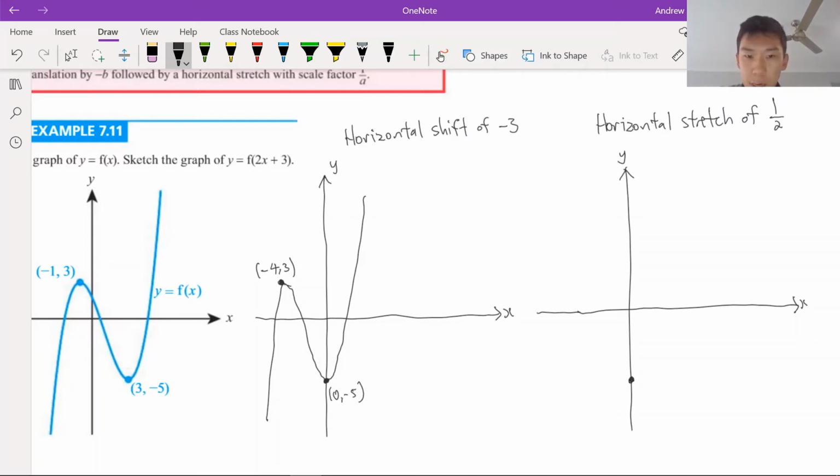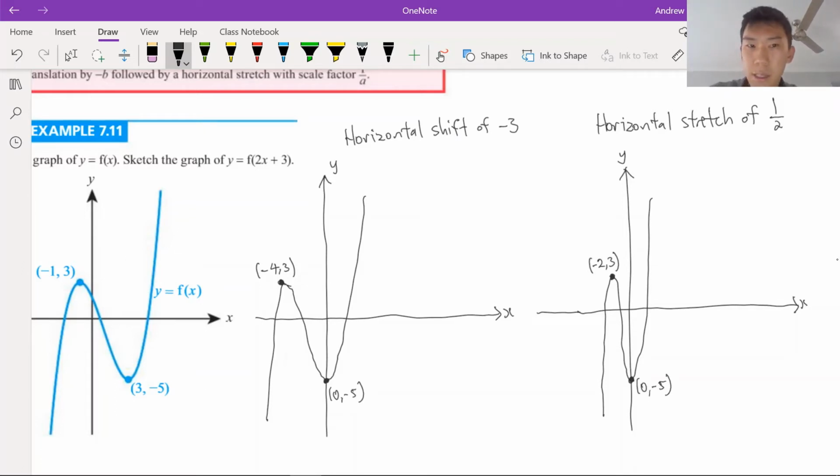And half of -4 is -2, so it's going to come in a little bit. Notice how everything's horizontal. So it's just going to be a little bit thinner looking. There we go. So that stays as 0, -5.